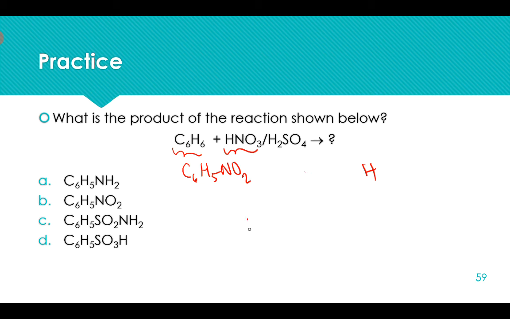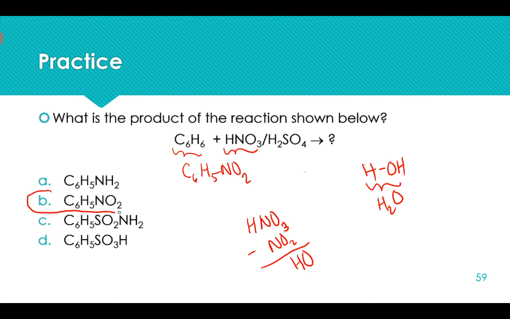If we do a little bit of subtraction here, we know we're adding on NO2. That's going to give us 1 oxygen left over and 1 hydrogen. So that's going to bond over here. That's going to make water as a byproduct. So we are looking for C6H5NO2 as our product.